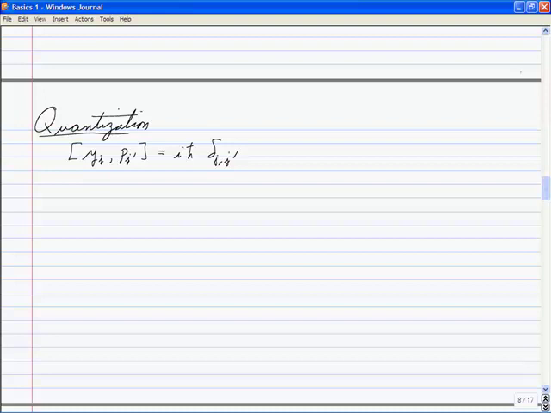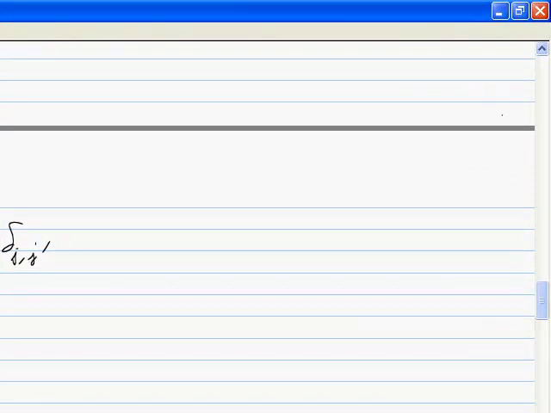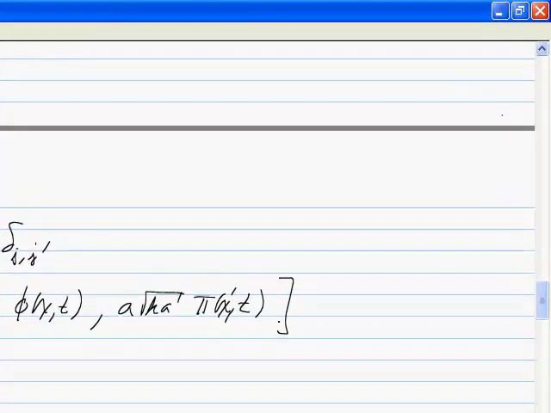So let's do that. We then write this as 1 over the square root of Ka phi of x and t, and p, by the calculation we just did, is square root of Ka times a of pi of x prime and t.